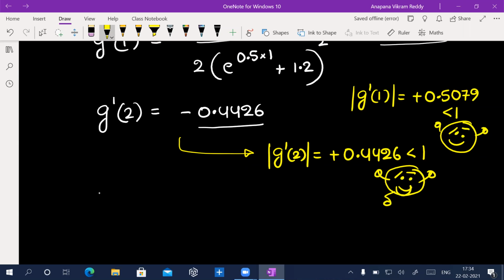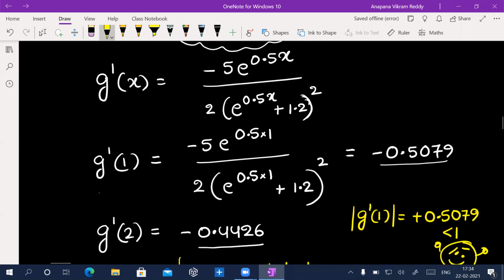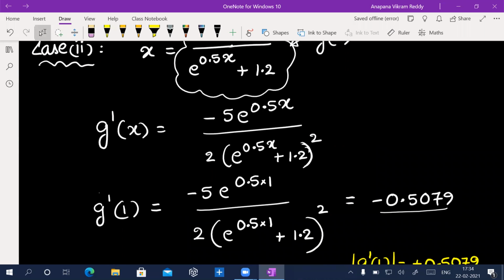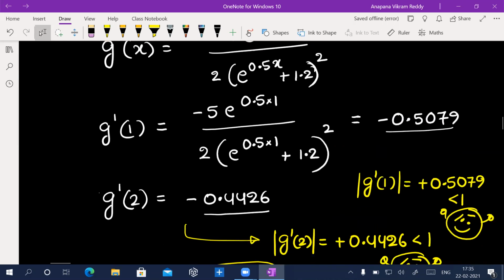So at the end of the day, this is converging within the neighborhood, in the vicinity of the neighborhood of g of x. So definitely I could say this g of x is going to converge. If I use this g of x for the fixed point iteration method, I'm going to definitely converge.